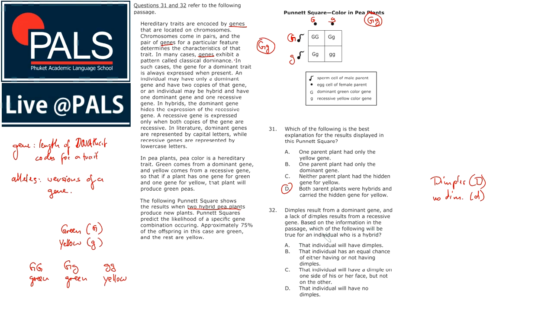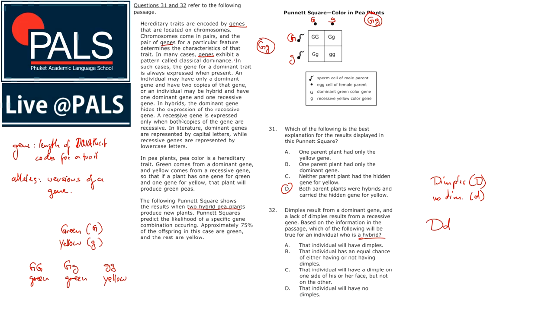Based on the information in the passage, which of the following will be true for an individual who is a hybrid? Hybrid, big D, small d. That individual will have dimples. That individual has an equal chance of either having or not having dimples. That individual will have a dimple on one side of his face but not on the other. That individual will have no dimples.